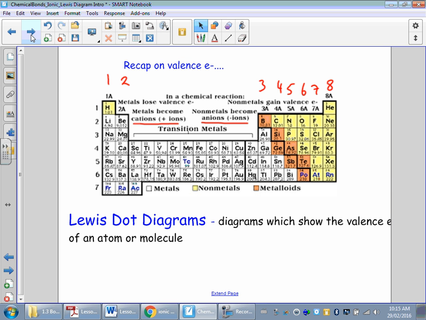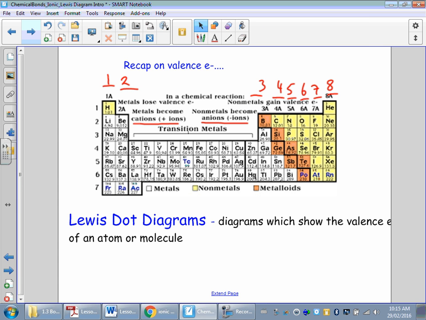So, a recap on valence electrons as we move from left to right. Down the groups, the first group, the alkalis, have one valence electron. Then the alkaline earths have two. And then we move across the table: 3, 4, 5, 6, 7, 8.